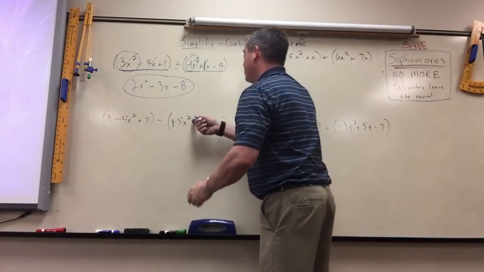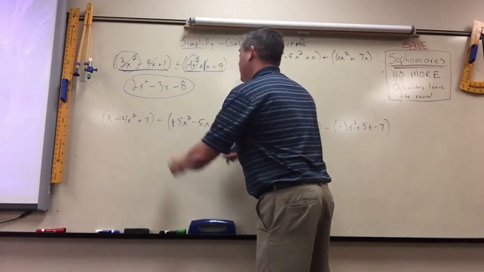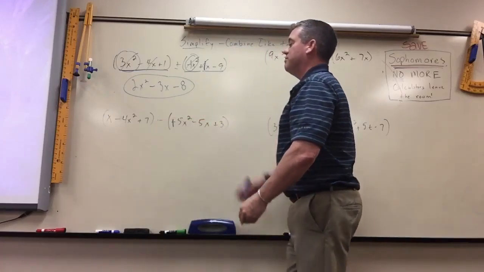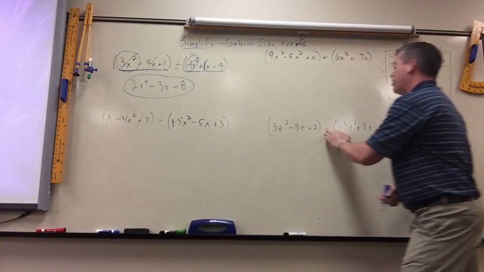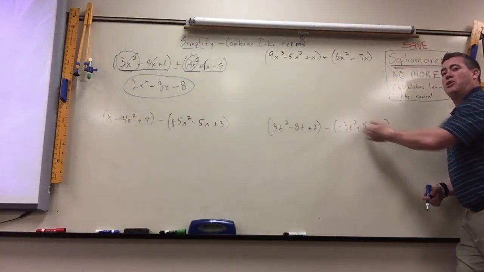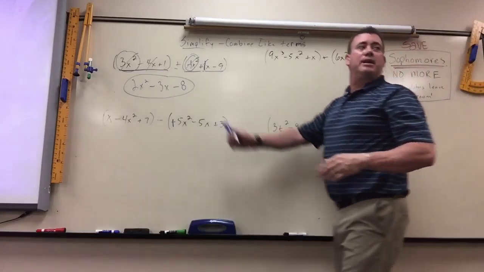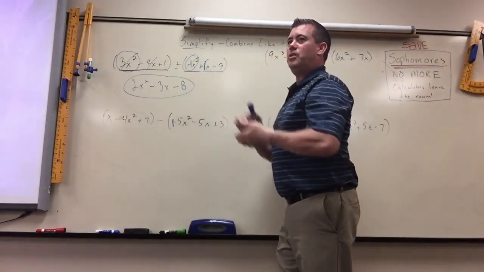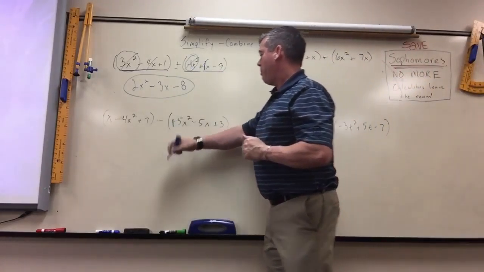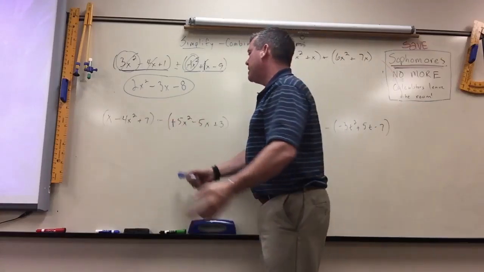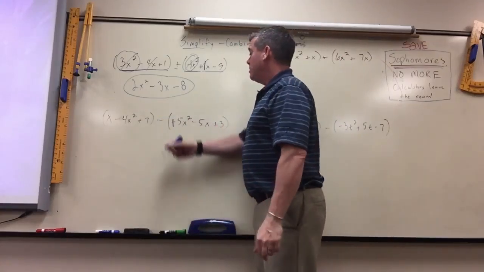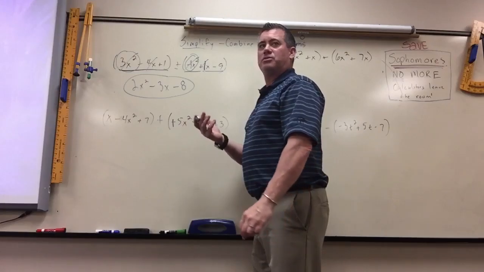Negative times positive is negative. And negative times negative is positive. So whenever there's a negative in front, that just means change all the signs in the parentheses. And then you do exactly like we did right here. You just combine the like terms. Because like what Carter just asked, once you change all those signs, this does change to a plus then also.